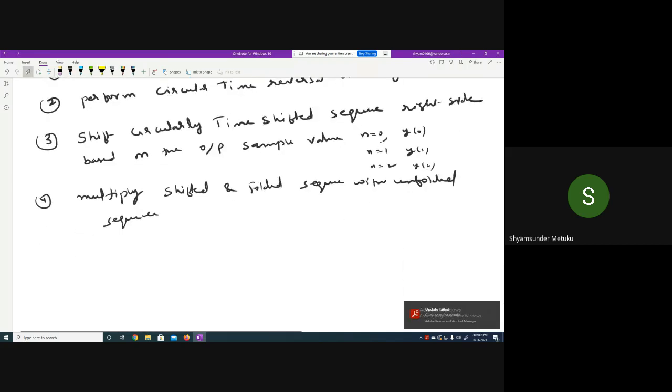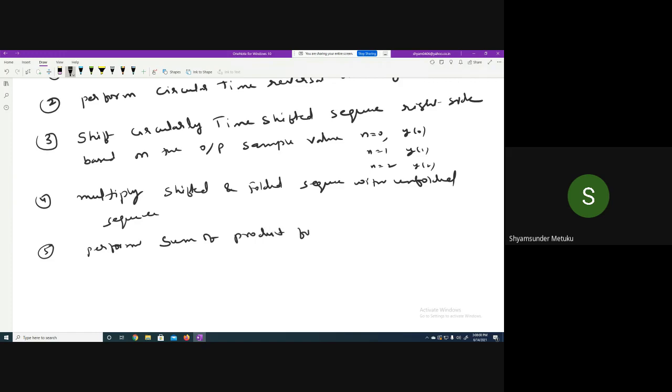And step 5, the multiplication is over. Perform the sum of products for the above multiplication to get the output at one sample point.